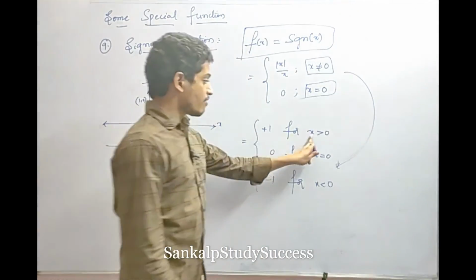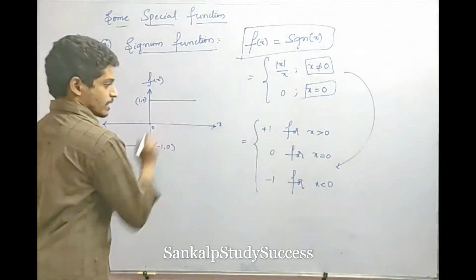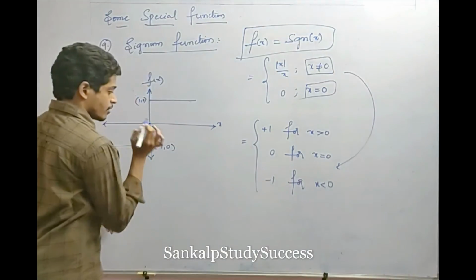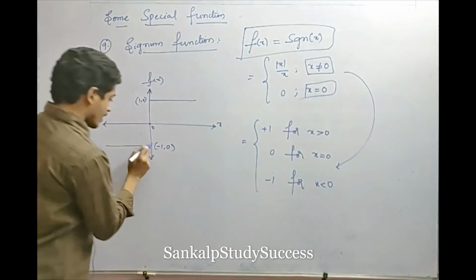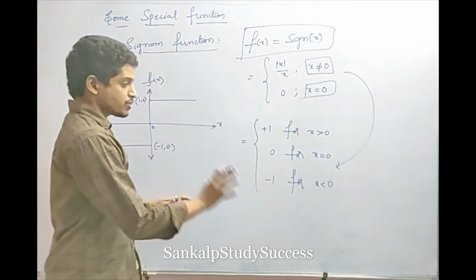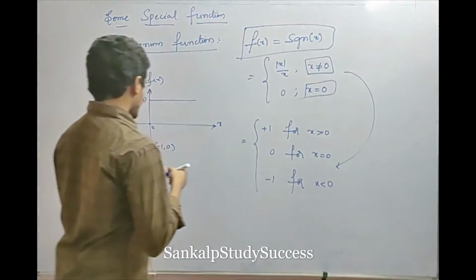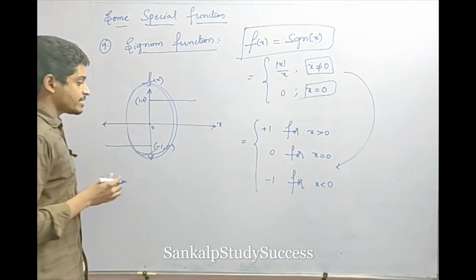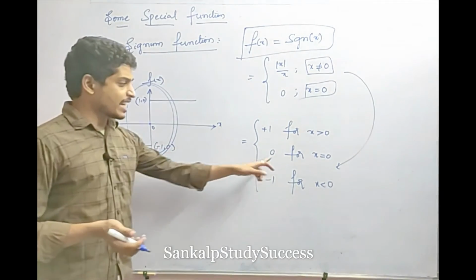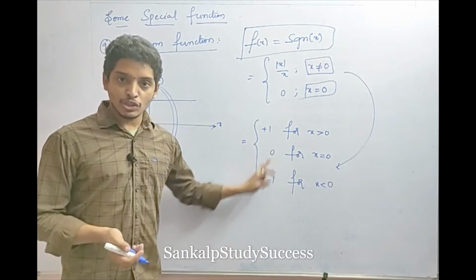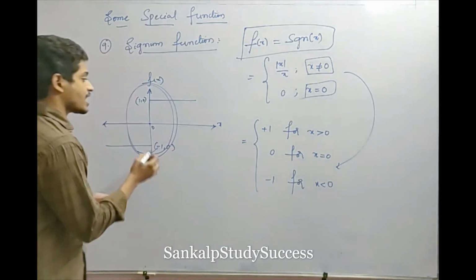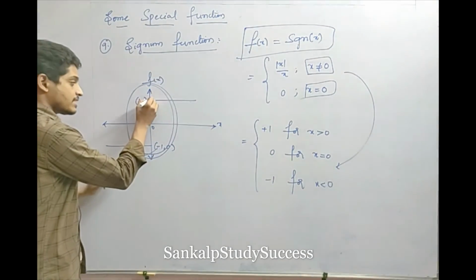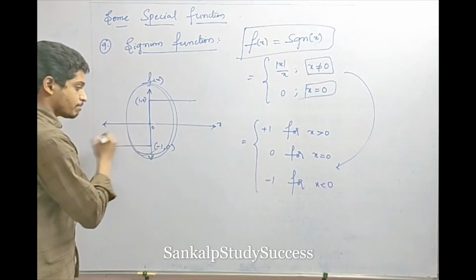See, friends, for x greater than 0, the value is plus 1. At x equal to 0, the value is 0. For x less than 0, the value is minus 1. Right, friends? So what we need to understand here is that there is a discontinuity at the particular point 0. At 0, generally we write 0 by taking the average of these two values, but we cannot say the exact value since here there is a jump discontinuity.